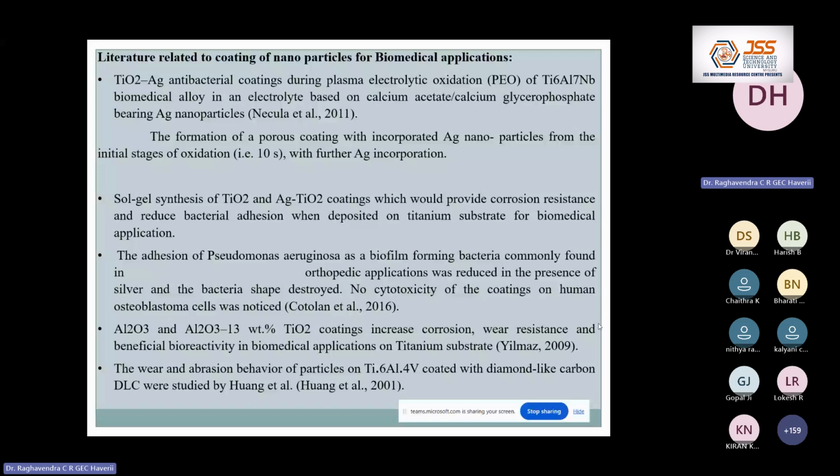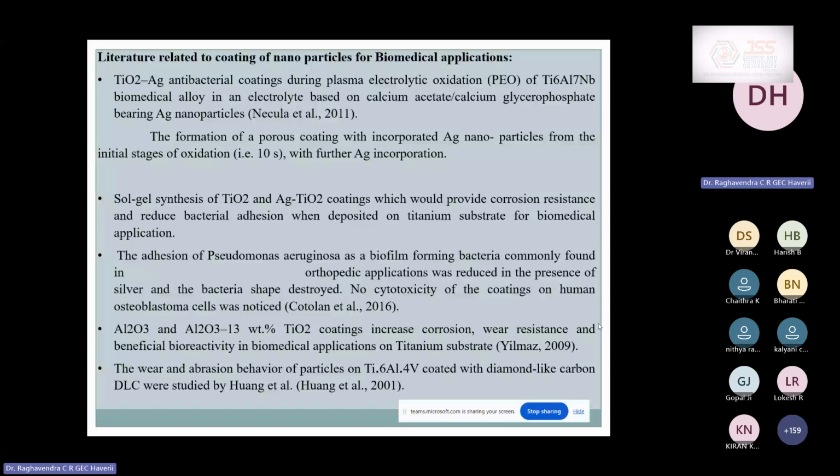They also studied bacterial adhesion on the titanium substrate with and without the coating. They found effective detachment, or very little bacterial adhesion, on the titanium substrate with the silver and titanium oxide coatings.